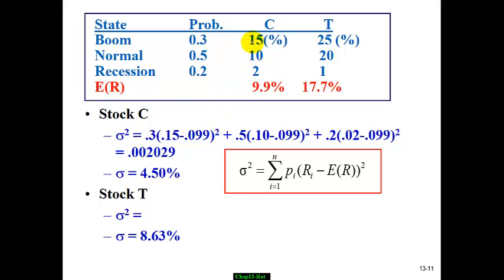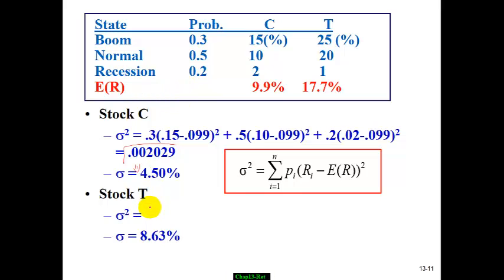So we use 0.15, subtract the expected return 0.099, then take a square, and multiply by the probability of this economy. Then we repeat the same procedure for the normal economy and recession. Once we have the variance, we can take the square root of this to get the standard deviation.